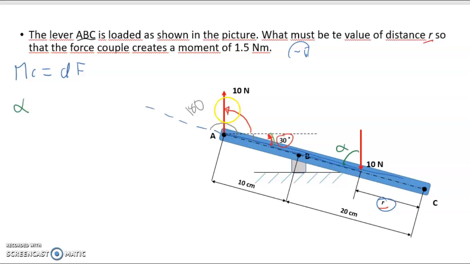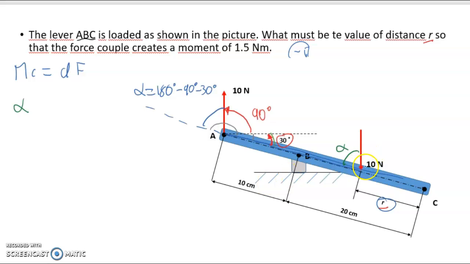If we know that the force is fully vertical and this angle is referred to the horizontal, I know that this one is 90 degrees. So this section can be calculated as alpha equals 180 minus 90 minus 30.